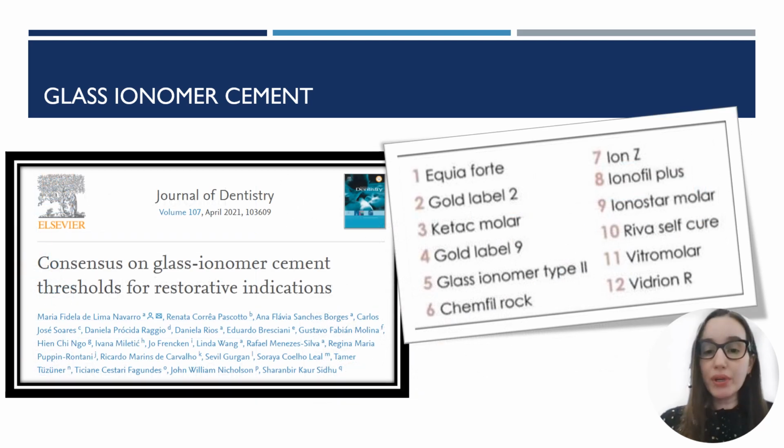And an important point is that the brand also has an impact on glass ionomer performance. Here we have some evidence, and it's always important to analyze cost effectiveness when we choose a glass ionomer cement. It's important to consider this information before deciding which GIC we will use, which one is better to use in clinical practice.